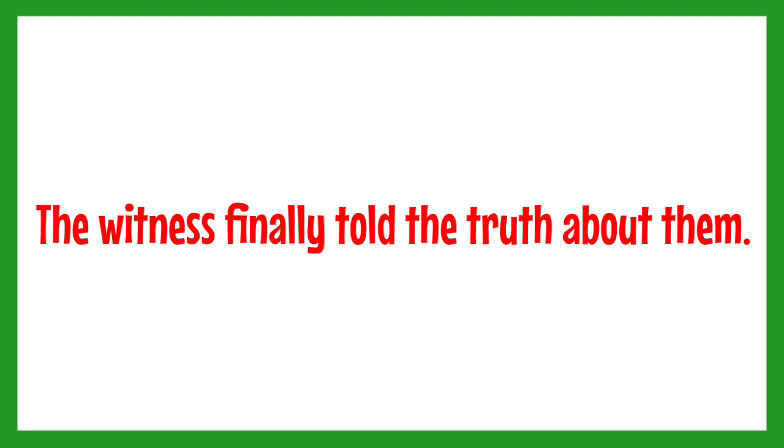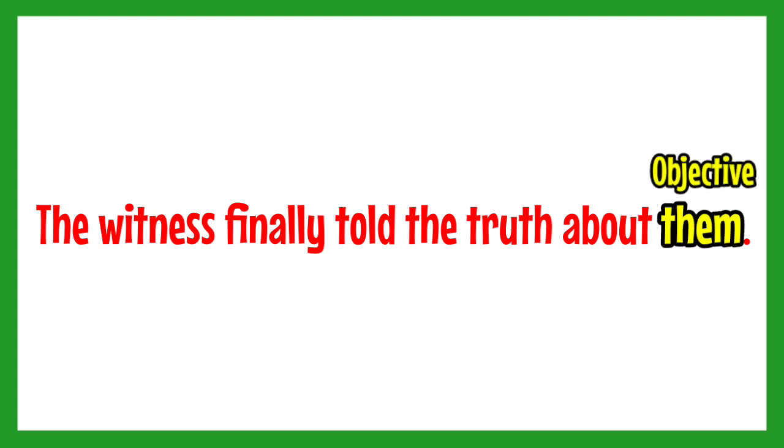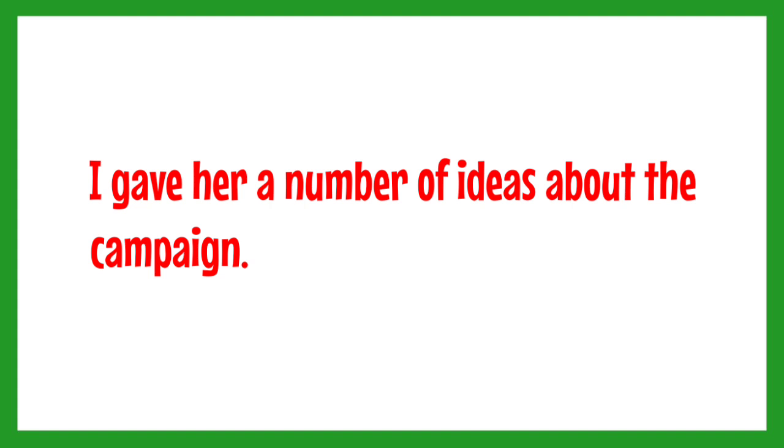Third one, the witness finally told the truth about them. The pronoun in the sentence is them, and it is in the objective case. Why? Because it comes after the preposition about. Fourth one, I gave her a number of ideas about the campaign. Okay, in this sentence, there are actually two pronouns.